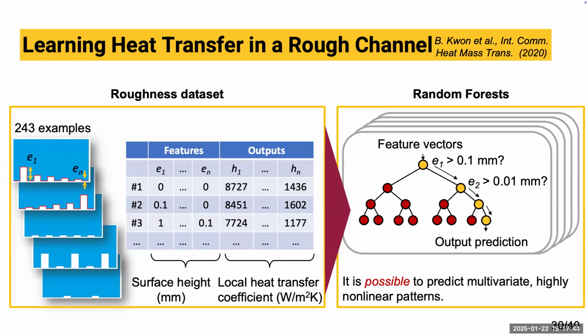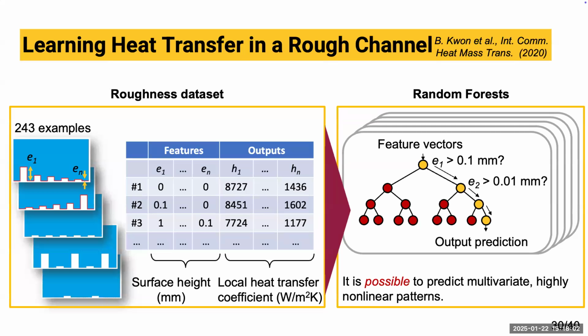To do this job, we employed the random forest technique, which is a very popular machine learning technique. This is different from artificial neural networks, and we will go through the basic principle in the next video.